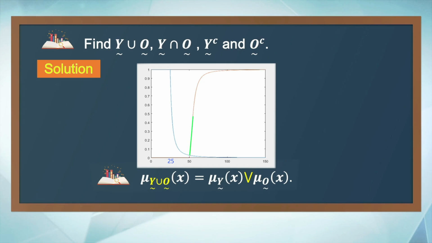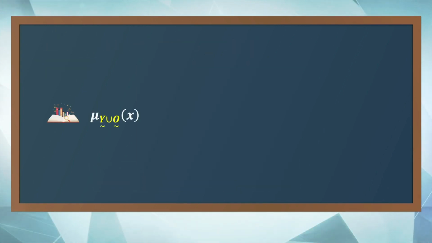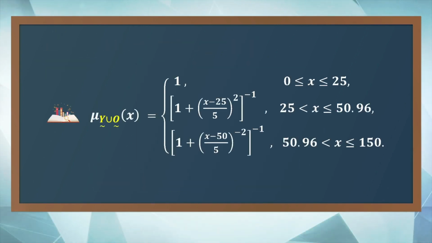Then the membership function increases rapidly along the red curve. Now we know that the membership function of the union is a piecewise function. We need to figure out the horizontal ordinate of this point. Actually, it is 50.96.